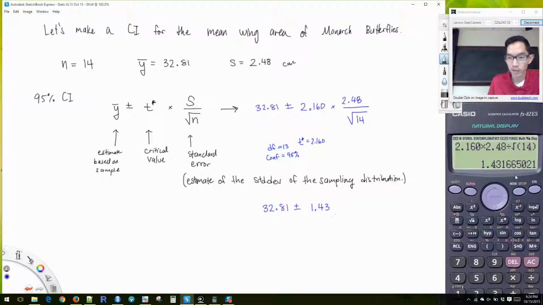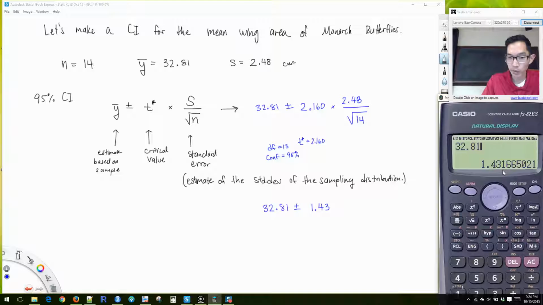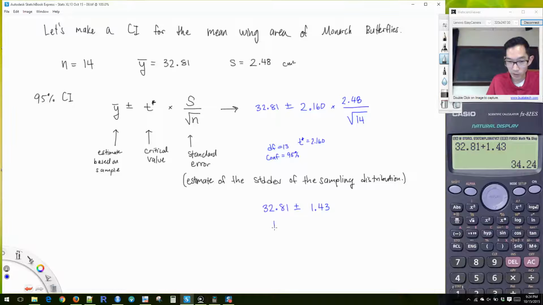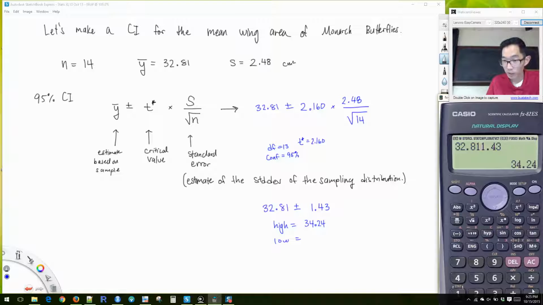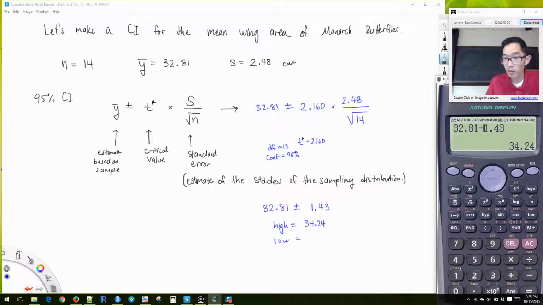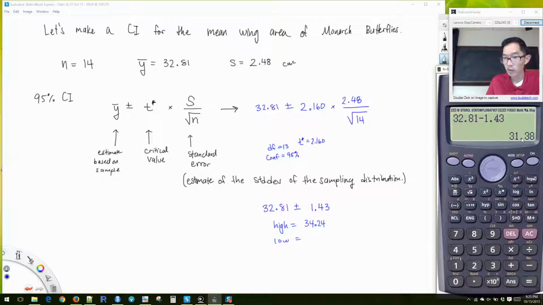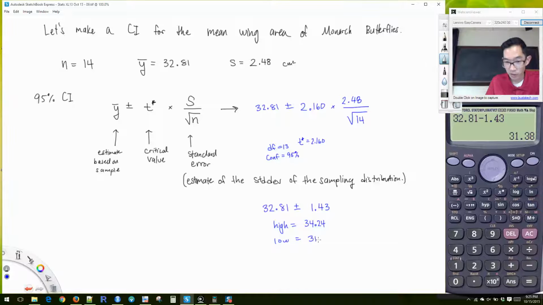If I do 32.81 plus 1.43, I get 34.24 on our high end. On the low end, .38 centimeters squared.